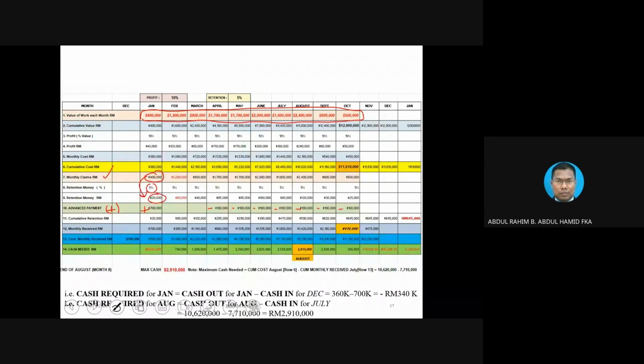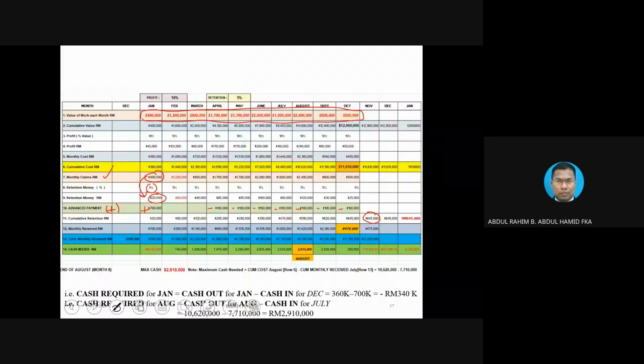Okay, row number 11. Row number 11 is cumulative retention. Cumulative retention is not going to affect our calculation much, because this amount 645 is the last amount that is going to be repaid to the contractor after the 3rd month of the project completion, as we mentioned.